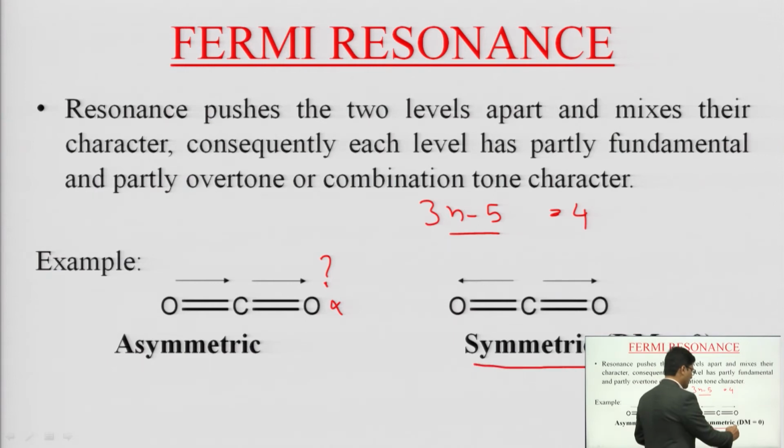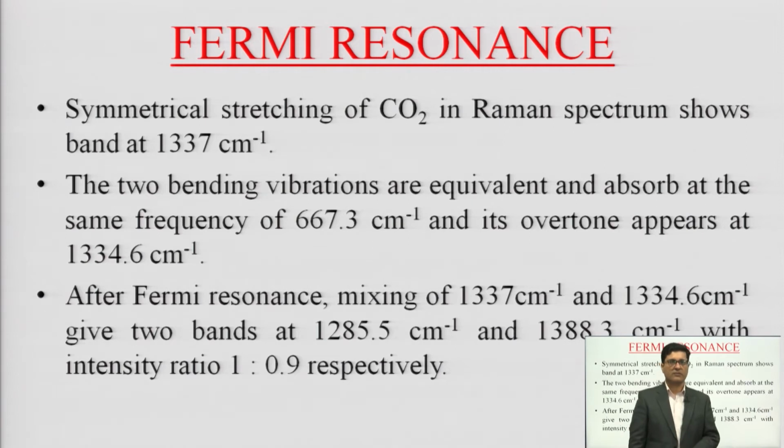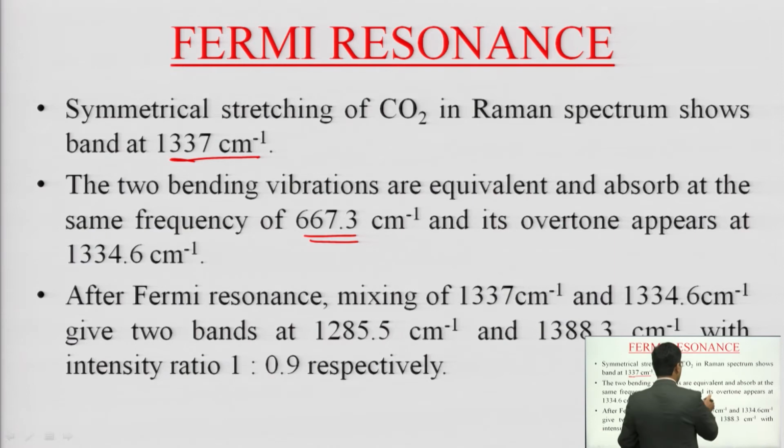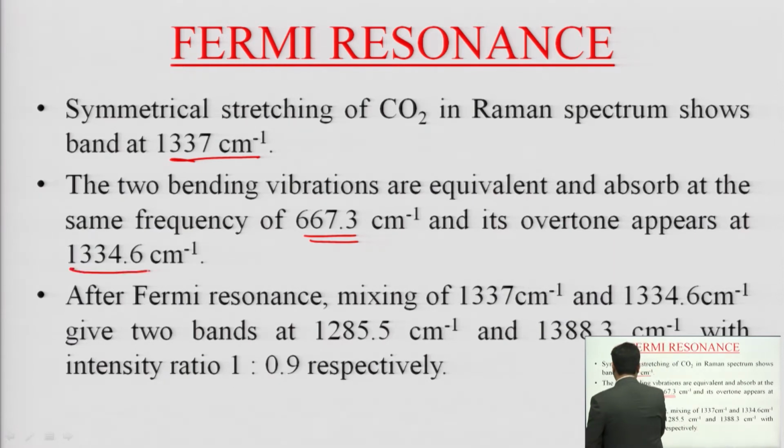The symmetrical stretching of CO2 shows a band at 1337 centimeter inverse, and the two bending vibrations are absorbed at the same value of 667.3 centimeter inverse, and the overtone appears at 1334.6 centimeter inverse. This is an overtone of the bending vibration.